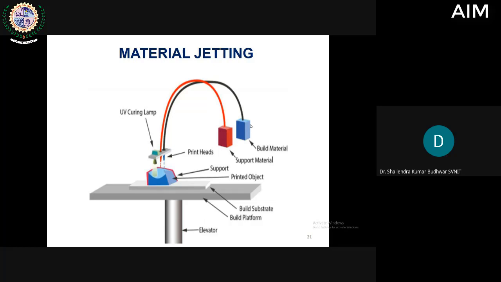Here the materials used in material jetting are thermoset polymers, acrylics that come in liquid form. First of all, this liquid resin is heated to 30 to 60 degrees to achieve optimal viscosity for printing. Then the print head travels across the build platform, and hundreds of teeny droplets of photopolymers are jetted or deposited at the desired locations.